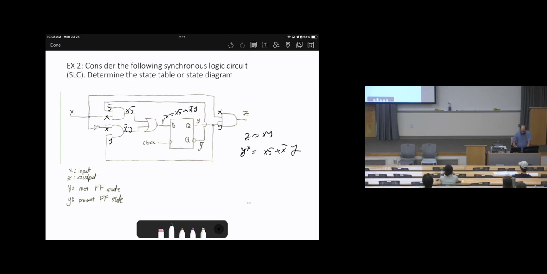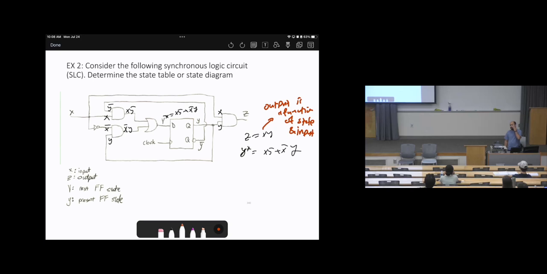We can realize that here the output is a function of state and inputs. Therefore, of course, we're going to use the Mealy model.